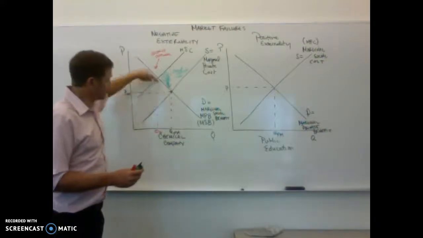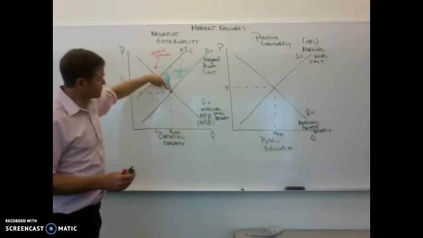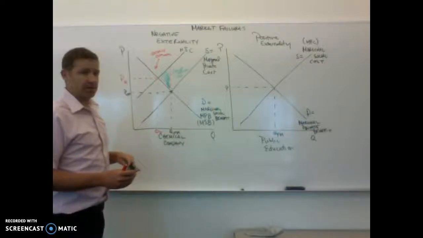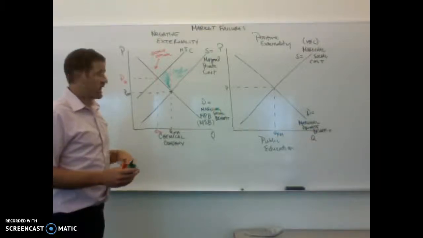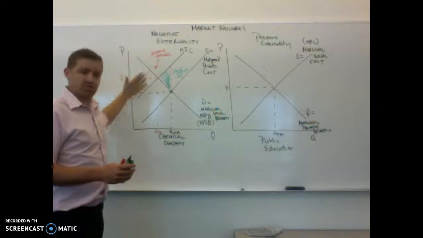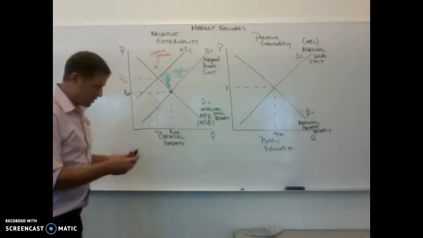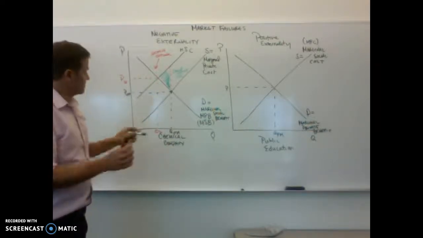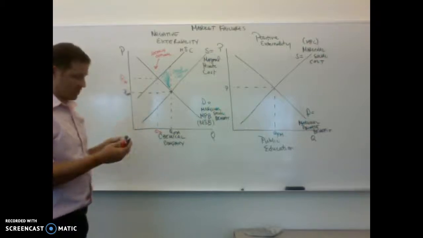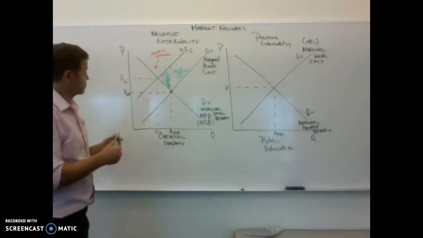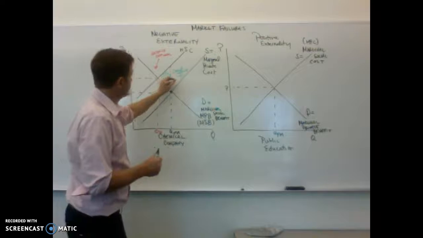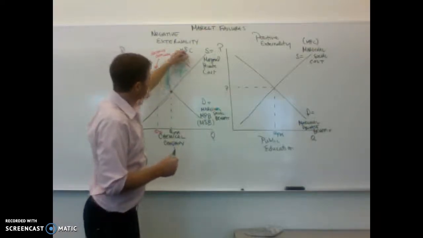So in this particular case, there are all these people purchasing these chemicals because they're priced too cheaply, who would not be there if it was more expensive. So the way to solve this, to get us to the socially optimal quantity and the socially optimal price, is to create a tax.